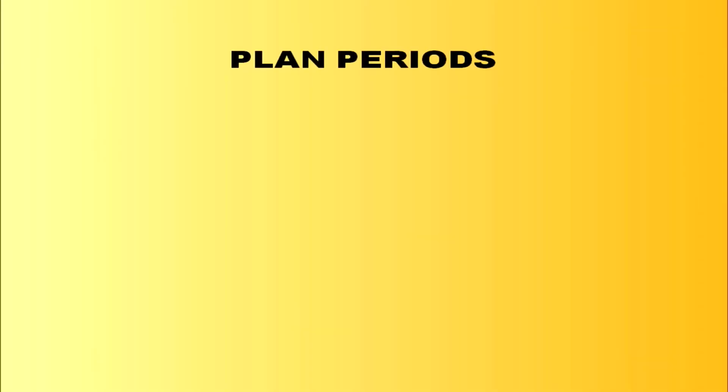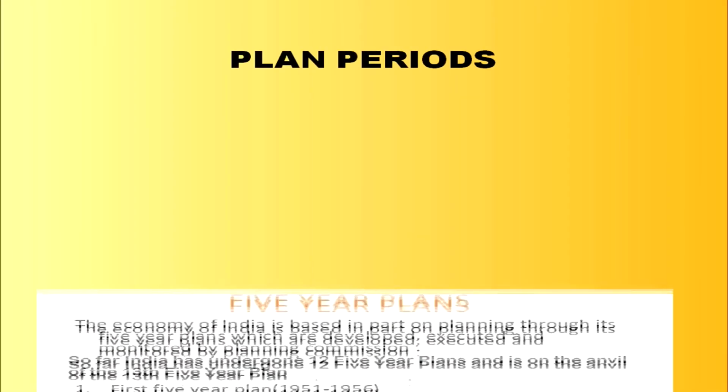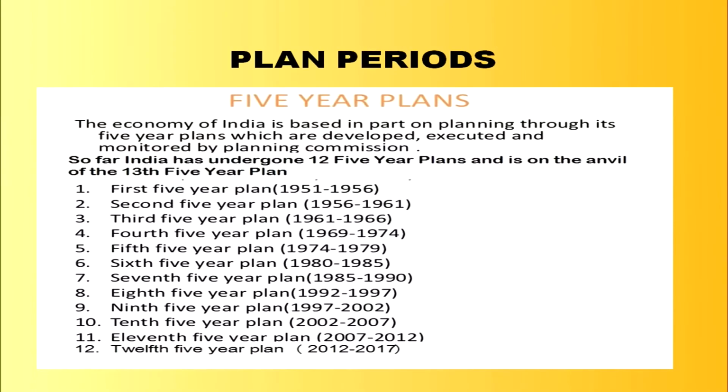What has been the achievement during each of the plans? To understand that, we first need to understand how many plan periods have gone by. The 5-year plans we have had so far, as the slide shows, have been 12 already.